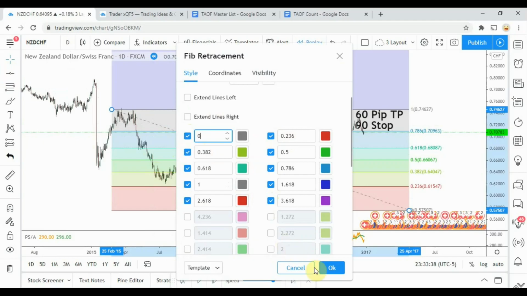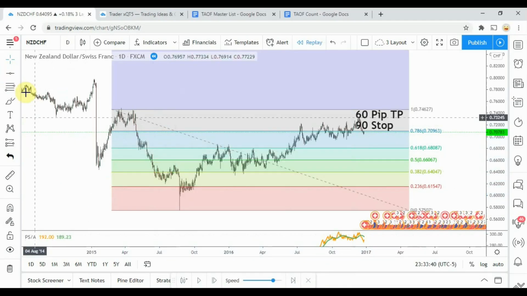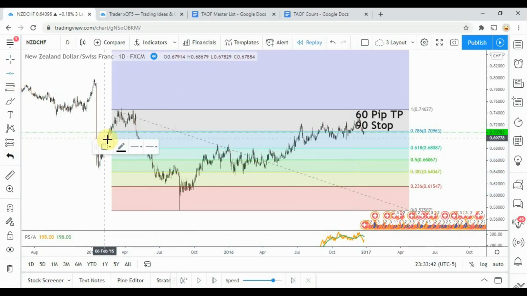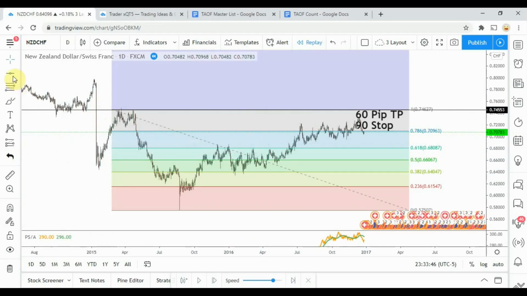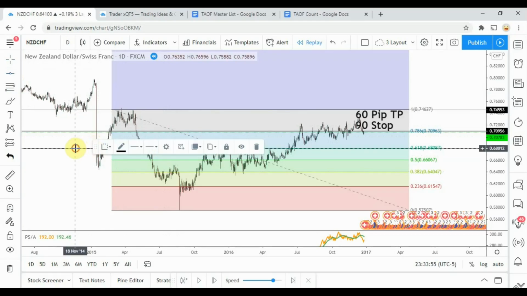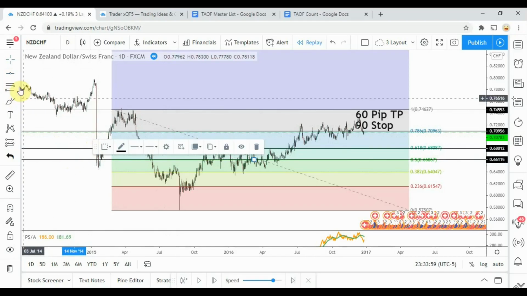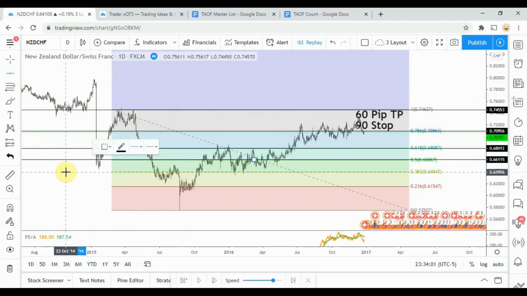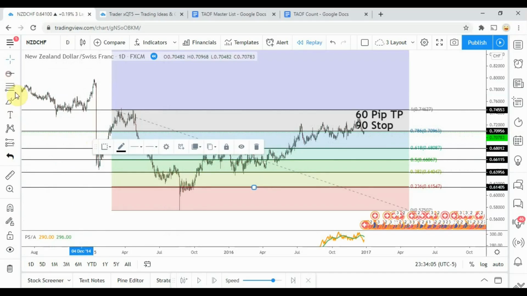Then we're just going to take our lines and start dropping those at each level of the Fibonacci. This will help us get nice clean areas of support and resistance, and it will keep from cluttering up the chart as much.